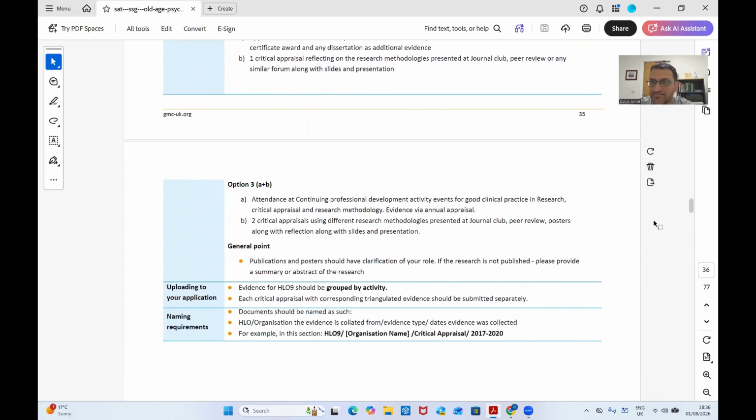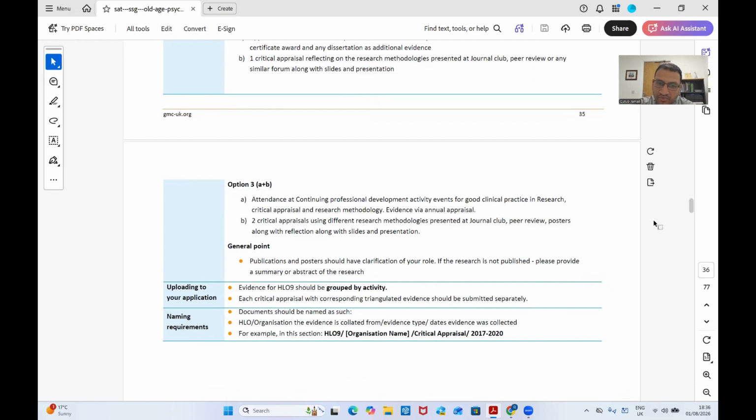So again, there is an NIHR good clinical practice e-learning module which you can do to demonstrate that. And the other option is maybe you delivering teaching sessions for students preparing for paper B, MRC Psych paper B.